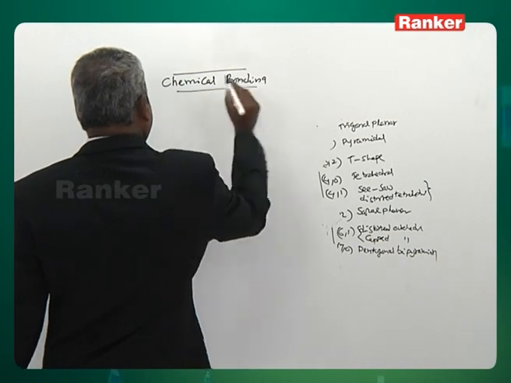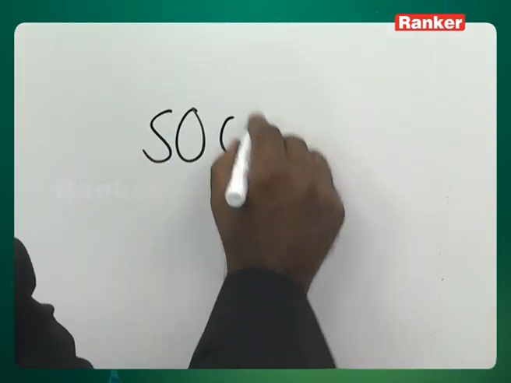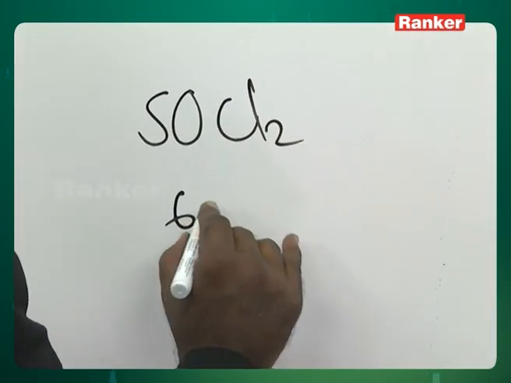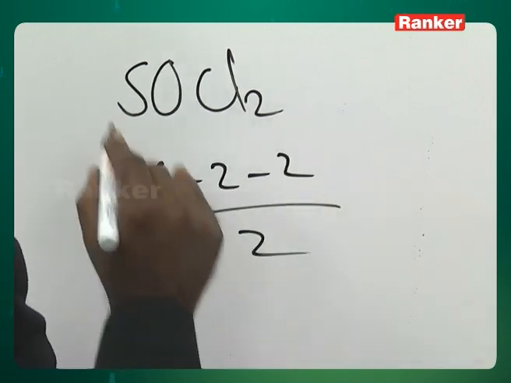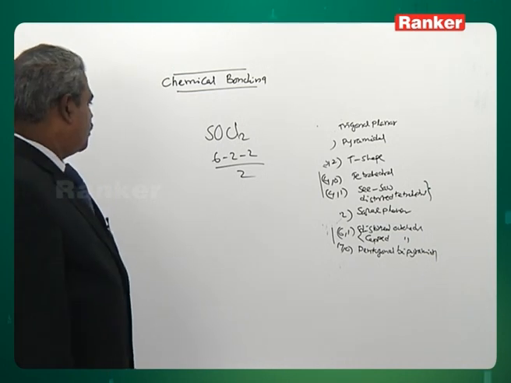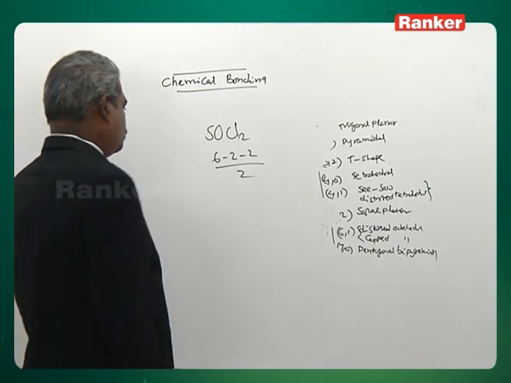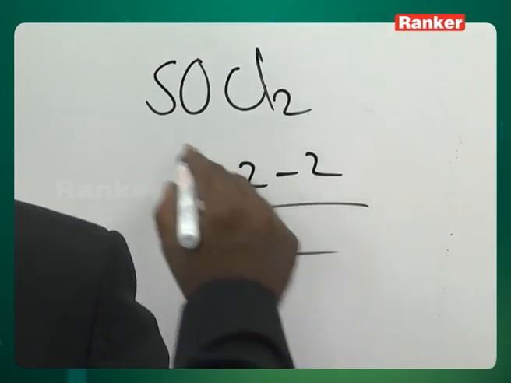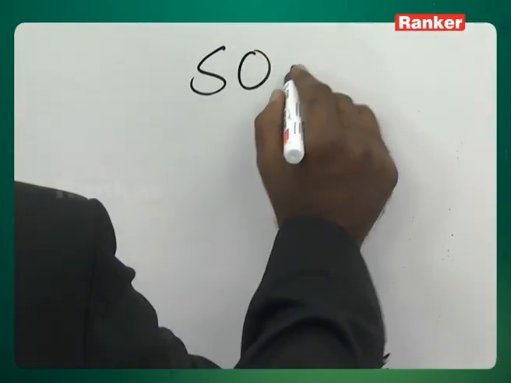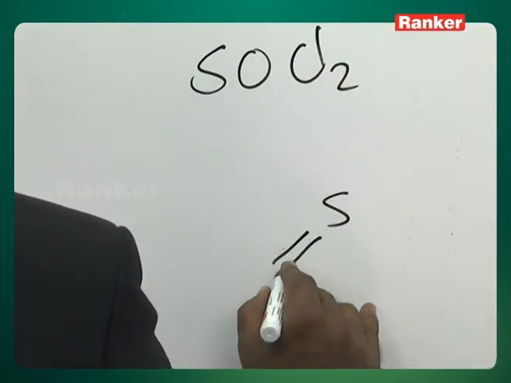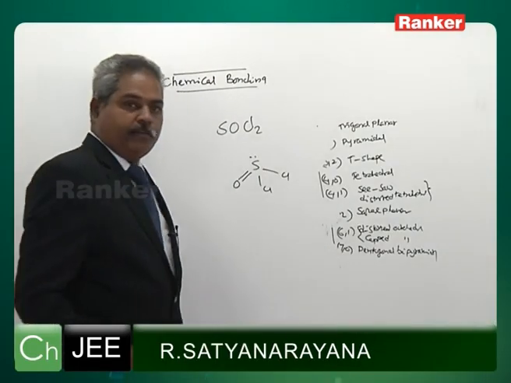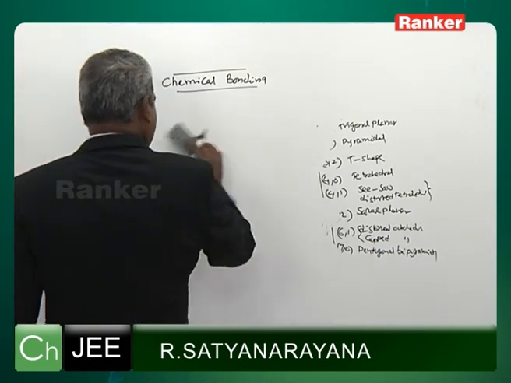Where exactly on the seesaw the atoms are arranged is secondary. Now, SOCl2. Find the lone pairs and bond pairs. 6 minus 2 minus 2 by 2. What is this 6? 6 electrons of sulfur, 2 of oxygen, 2 of chlorine. 6 minus 2 by 2. So there is still one lone pair on sulfur. So how will you draw the structure? We have already learned drawing the structures. SOCl2, 1 sulfur. Why is it pyramidal? 3 bond pairs, 1 lone pair, like ammonia.